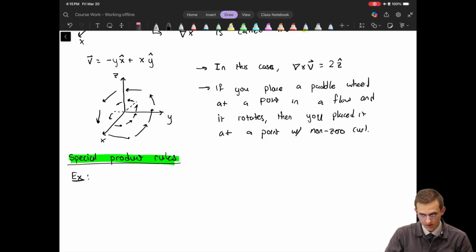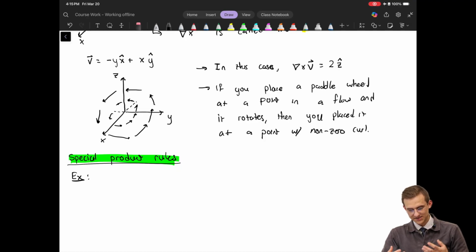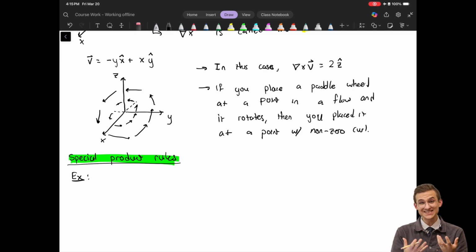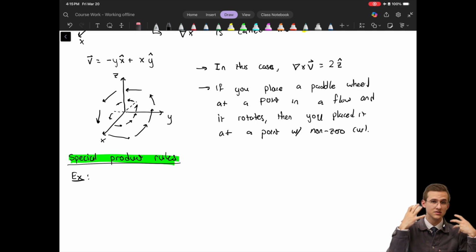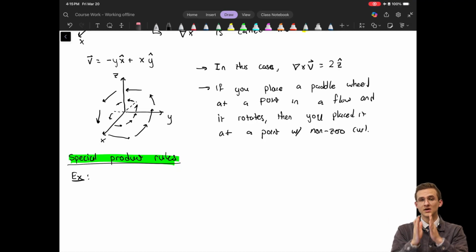Now, again, the formulas that I'm about to write down are things that you need to know exist. Anytime you see the gradient or del operator applied to two things multiplied together, you need to remember that there's some special treatment needed there.